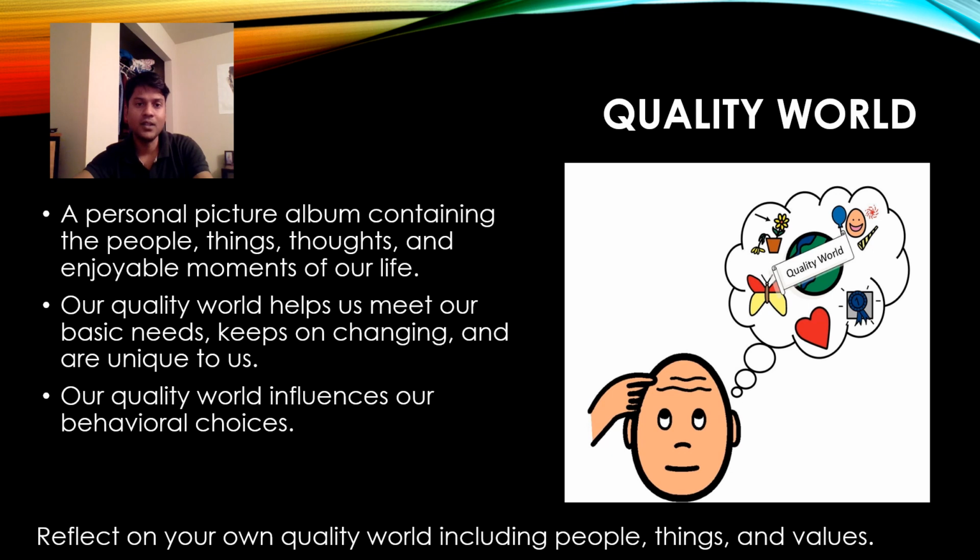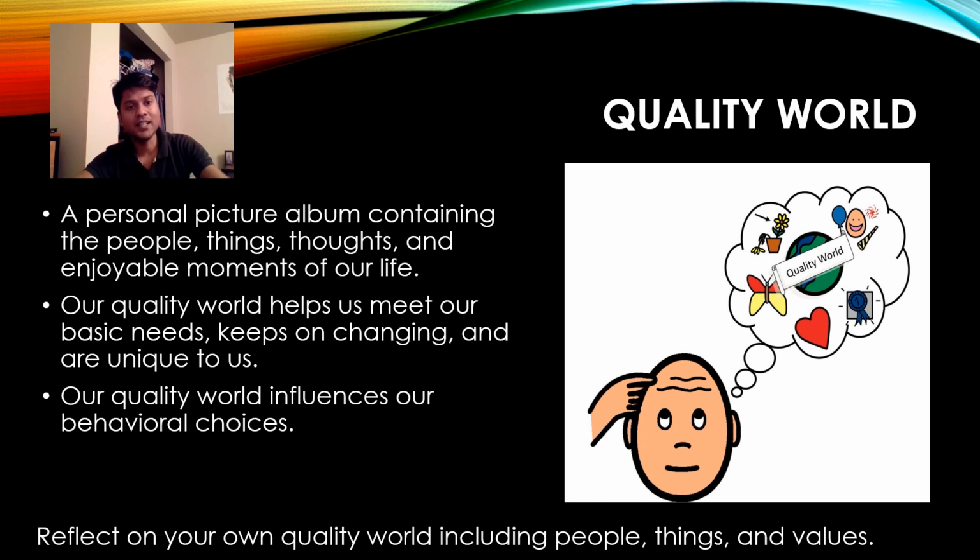The answer is we all have our own ways of fulfilling these needs. For instance, the need for fun. I may play badminton to fulfill my need for fun. Others may have different ways of fulfilling their need for fun. So we all have our unique ways of fulfilling these five core human needs.